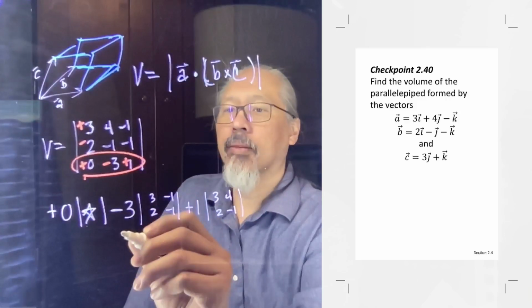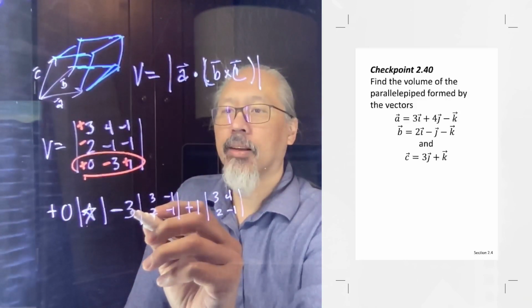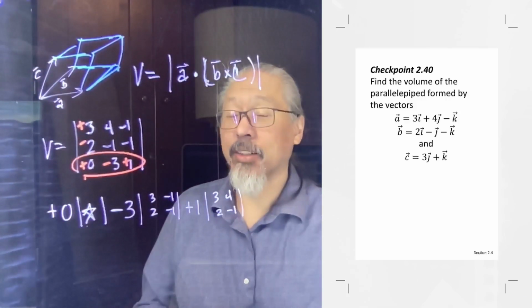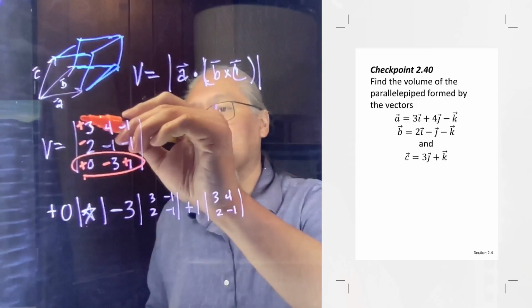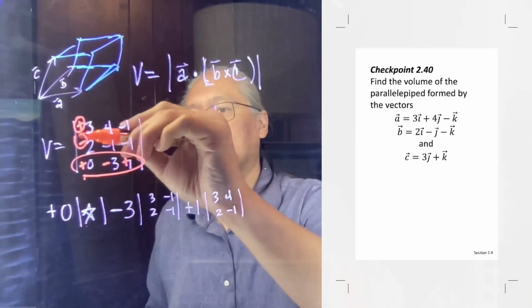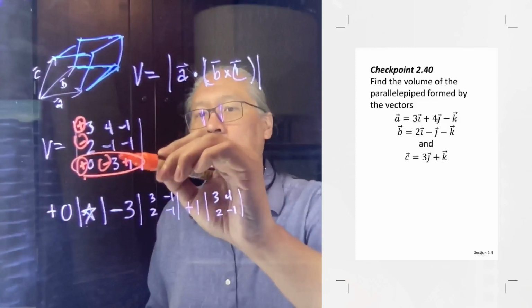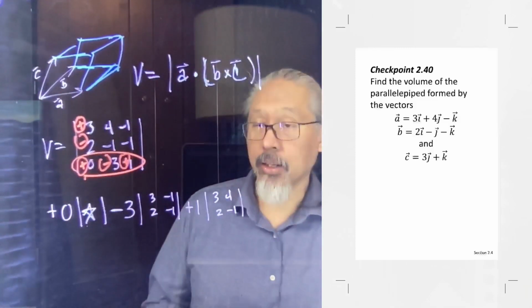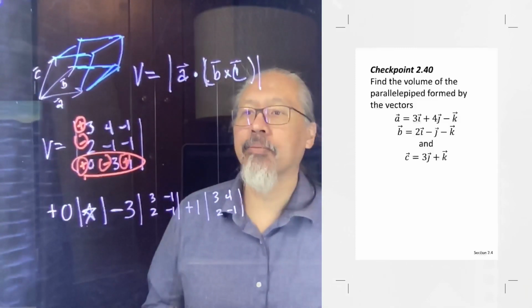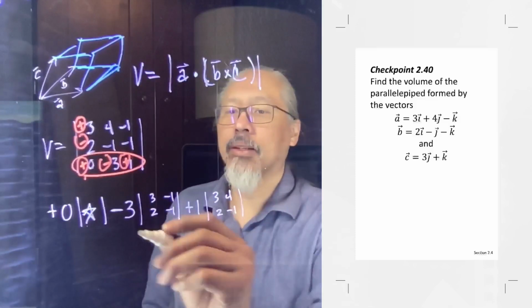Okay. And remember, there's a negative sign in front of the 3, but these are not the signs associated with the actual number. There are signs associated with the place that they sit in the matrix. Okay, back to this calculation.